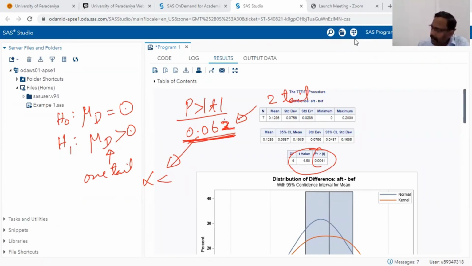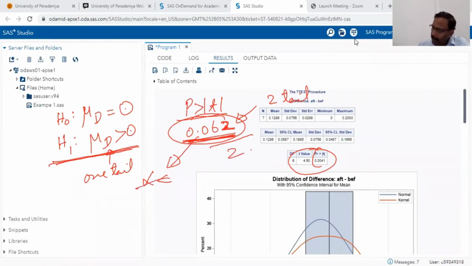If you take this value directly, we may conclude that we do not reject our null hypothesis. But in reality, actually, it is one tail. So we have to divide this by 2.